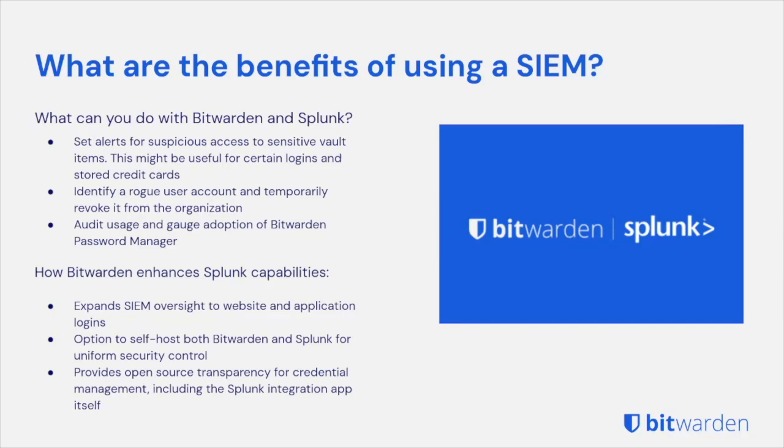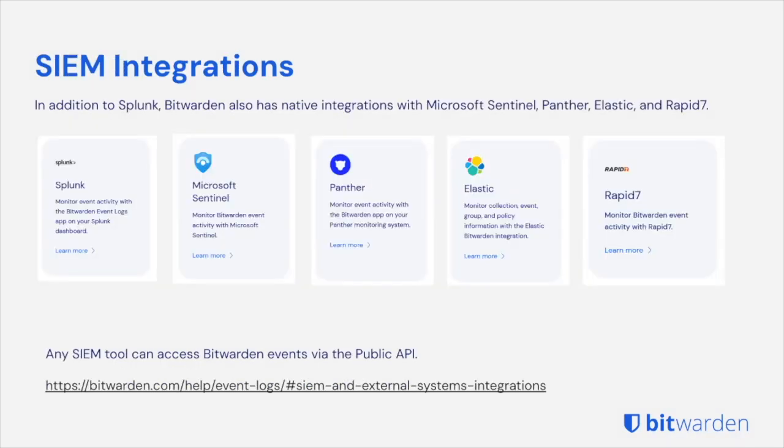It also helps improve regulatory compliance. You can maintain an audit trail for password management events, aiding compliance efforts for frameworks like GDPR and SOC 2. It also provides scalable logging, so Splunk's cloud-based capabilities make it great for organizations of any size.